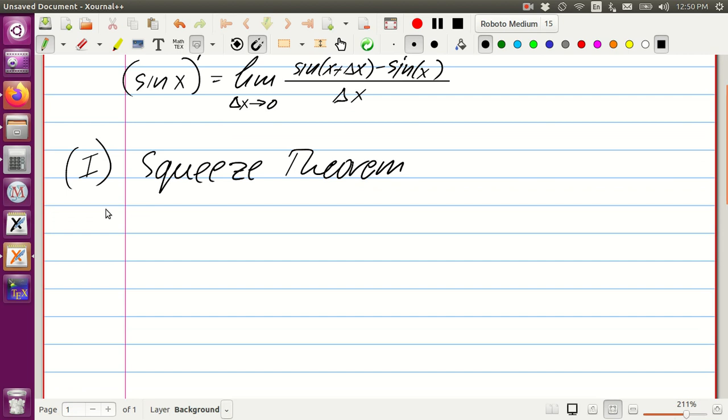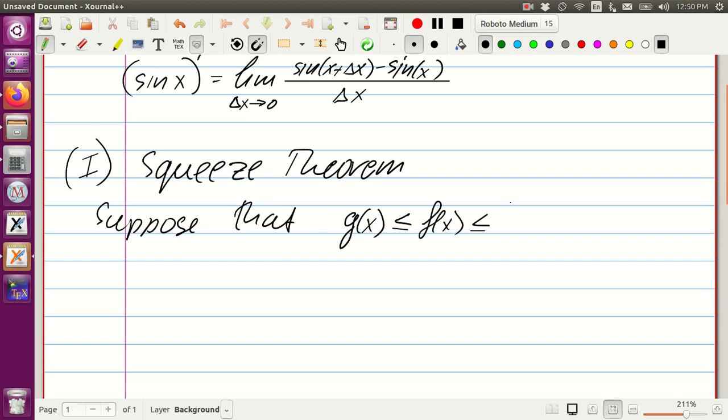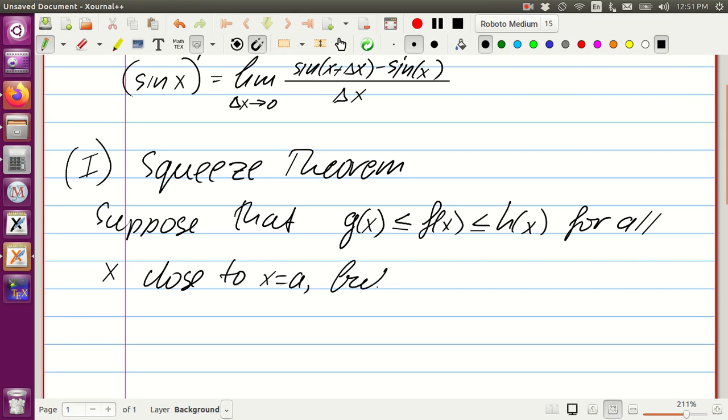We have to suppose that we have the following three functions in this order: g of x is less or equal than f of x is less or equal than h of x for all x close to x equals a, but not equal to a.